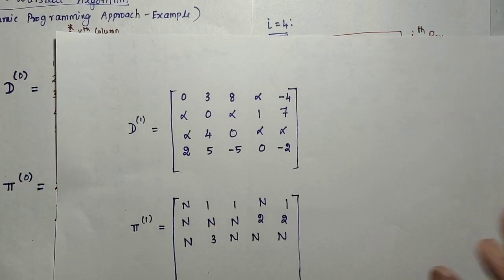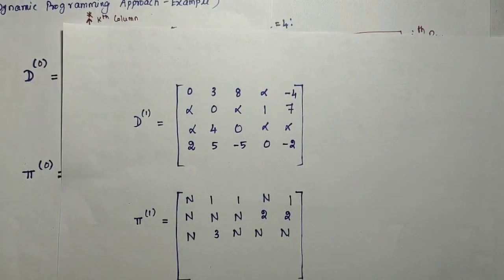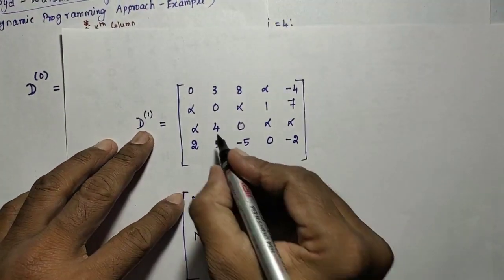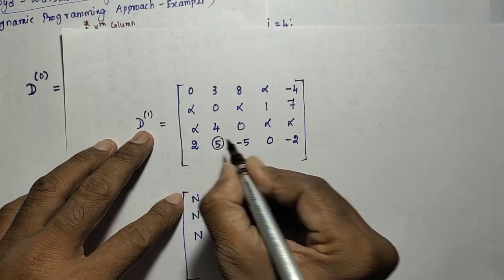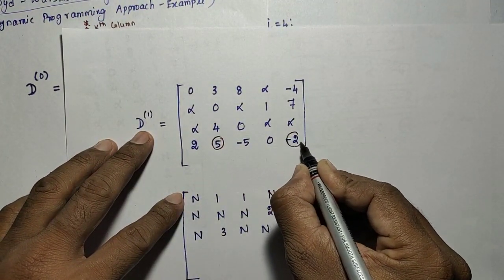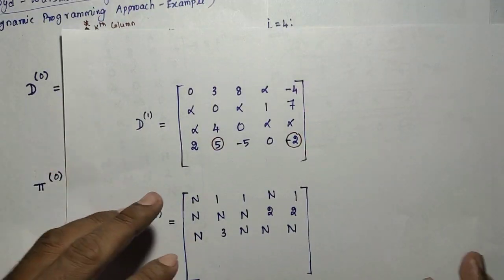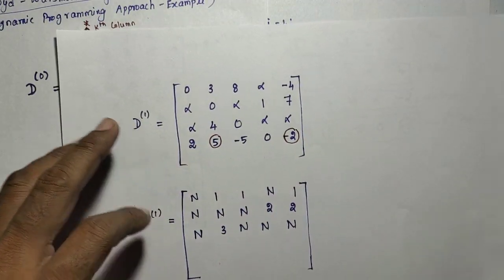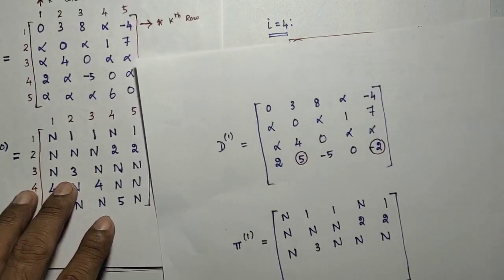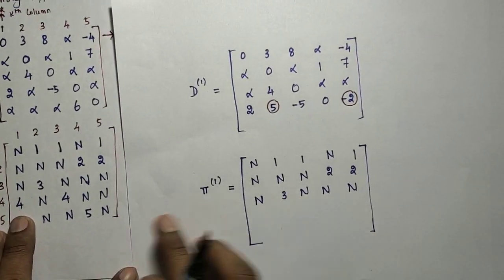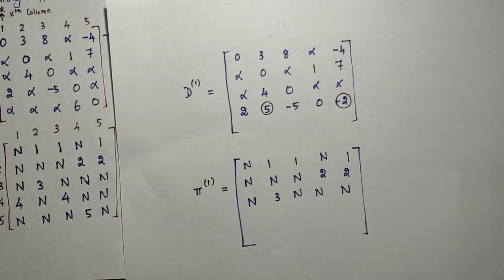The change is made at this element and this element. For the remaining 3 elements there is no change. Their values will be copied as they are from the previous pi.